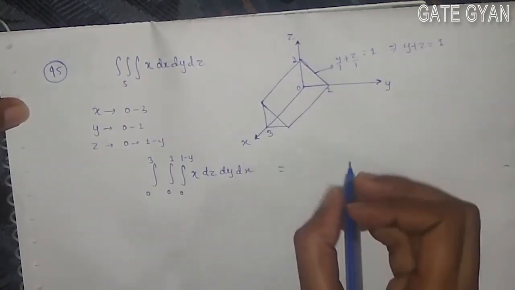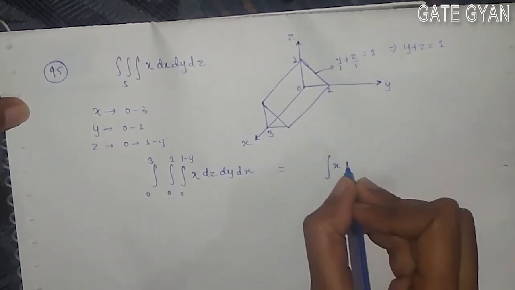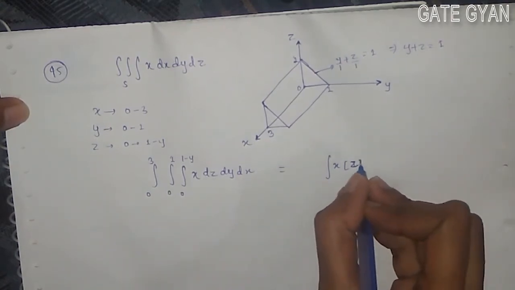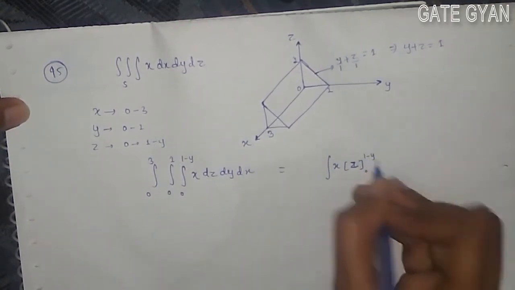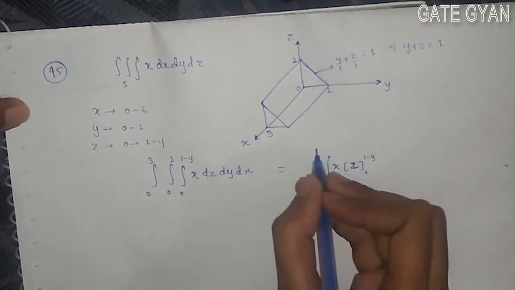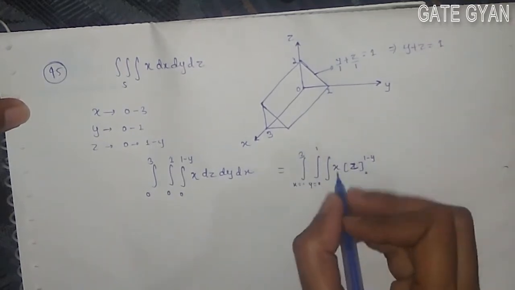Now we'll solve it. So this is going to be x into z over the limit of 0 to 1 minus y. This will be limit of y equal to 0 to 1 and x equal to 0 to 3.